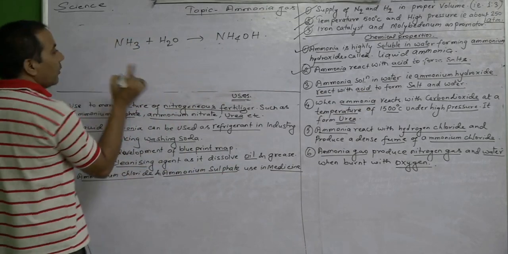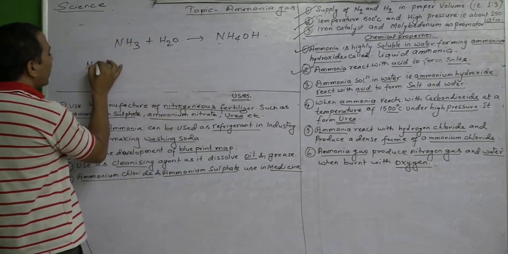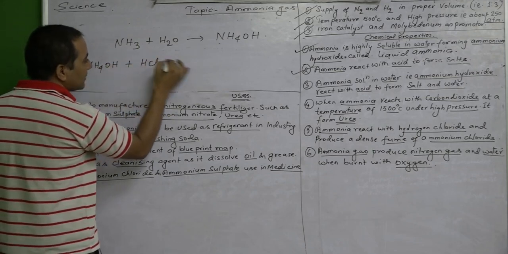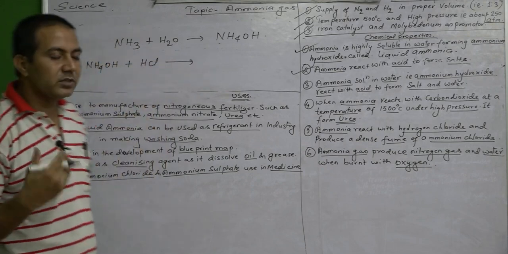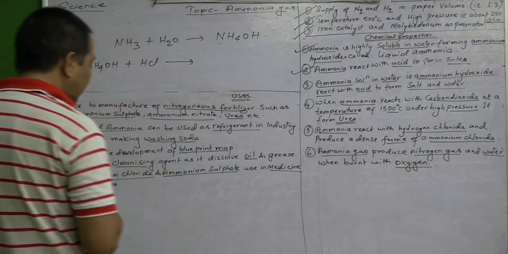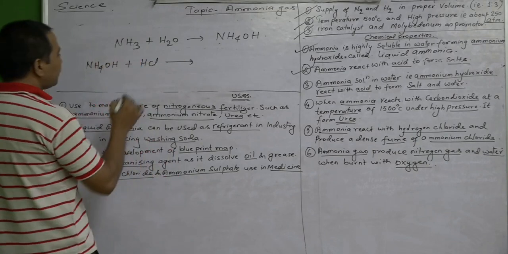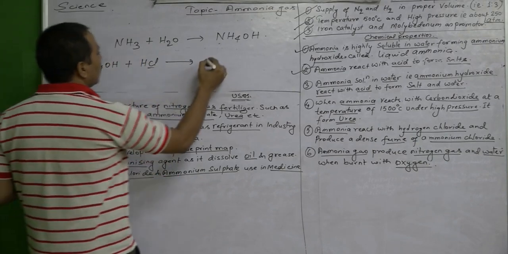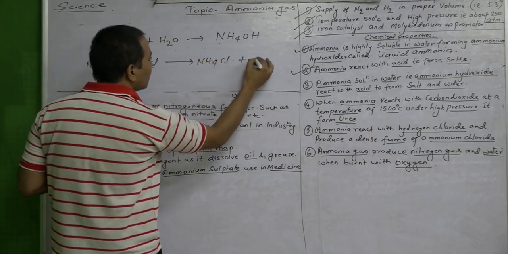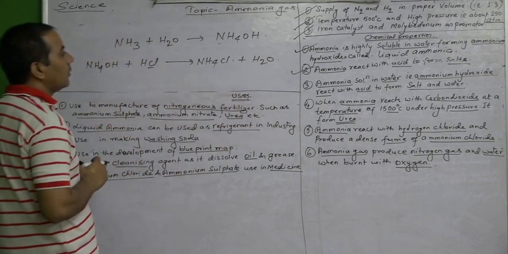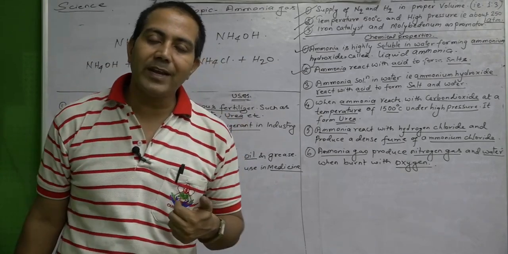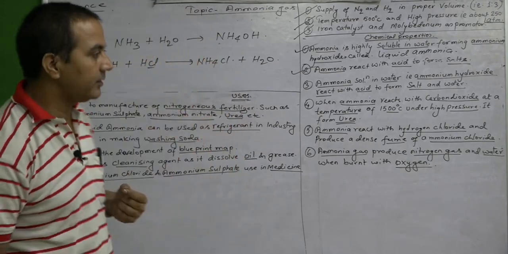What are we reacting? We are reacting ammonium hydroxide with what? Acid, HCl. Let us take the common acids which we use in most reactions. So when ammonium hydroxide reacts with acid, what happens? It will produce NH4Cl plus H2O. When ammonia reacts with HCl, it only forms salt, isn't it?